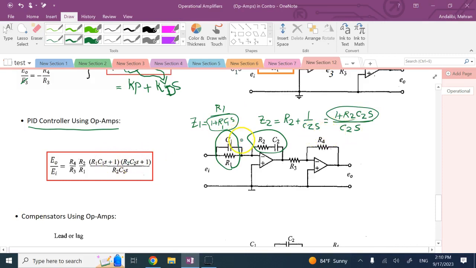And then that C2 S multiplied by R2 is what you can see in this denominator.